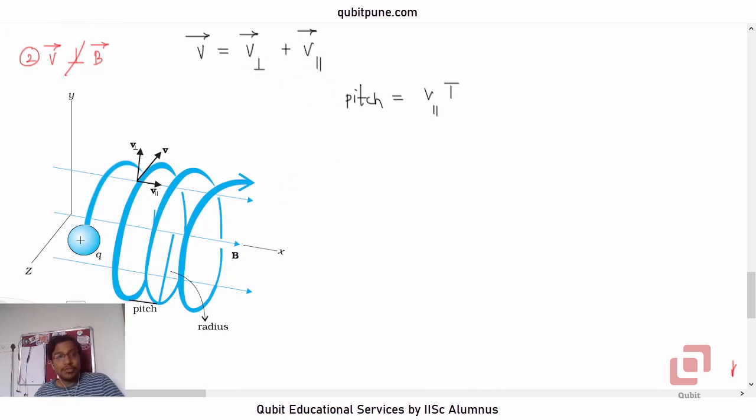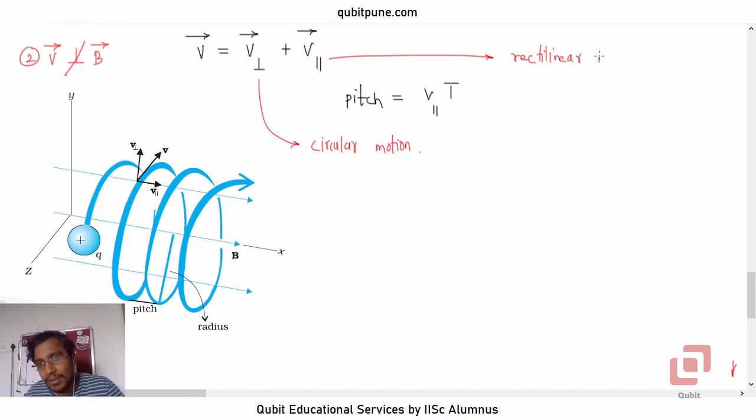This component is responsible for circular motion, and this is responsible for rectilinear motion. It means this part, V parallel, makes an angle of 180 degrees or theta with the magnetic field, which means sine theta will be 0. So the Lorentz force contribution of this component of velocity is 0.